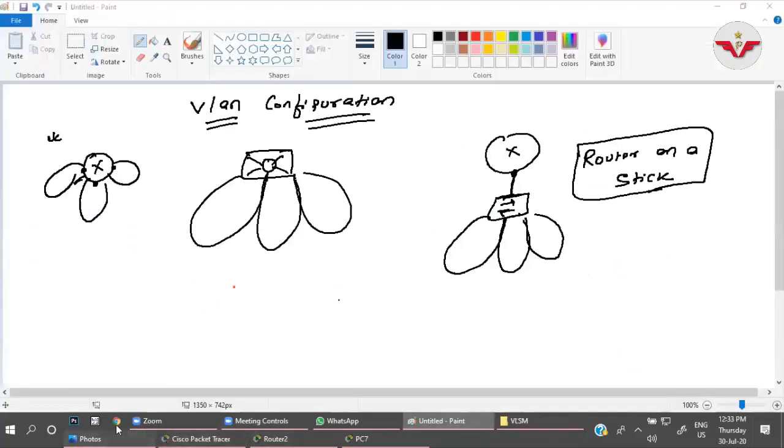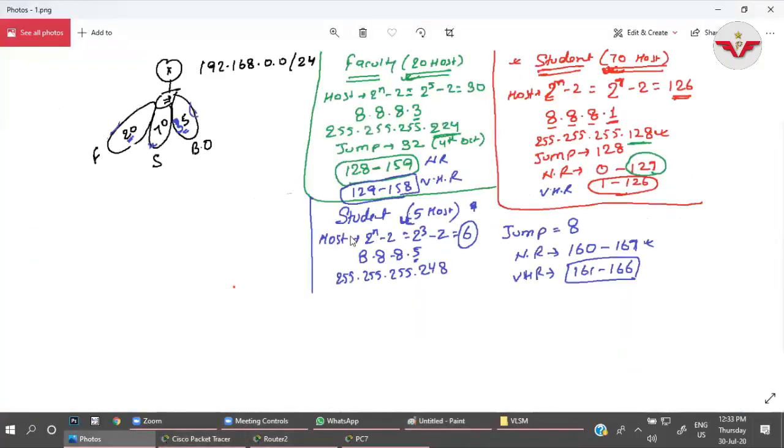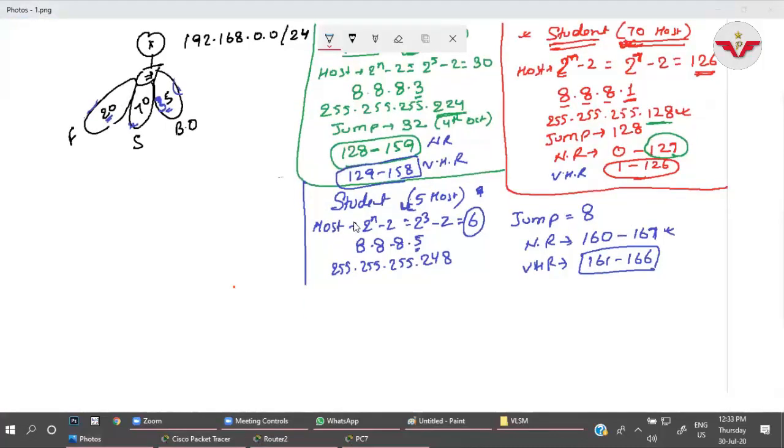So as per this scenario, we will go ahead and configure the student network, faculty network. This was the back office, my mistake. Yes, this was the back office.